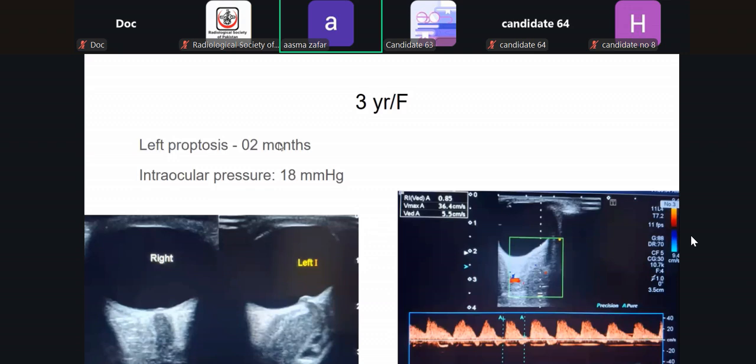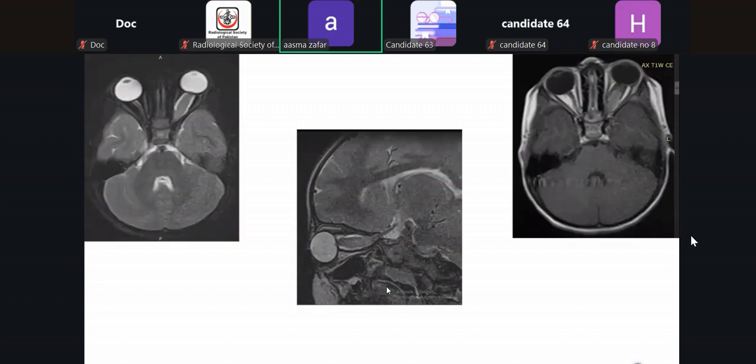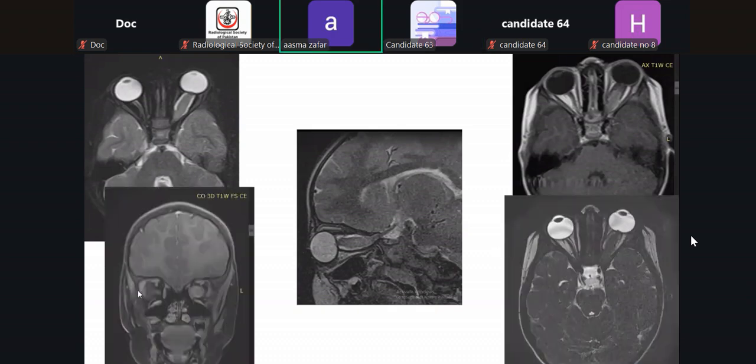This was, just look at the age, a 3-year female, left proptosis. So where does meningioma arise from? Meningioma arises from the meninges. It's the optic nerve itself. So it was avidly enhancing. And NF, what would you work up for?